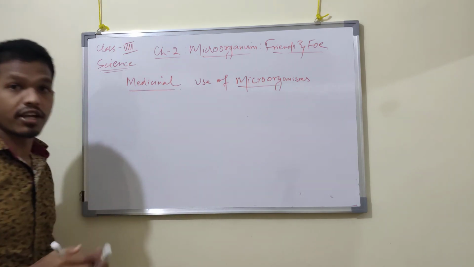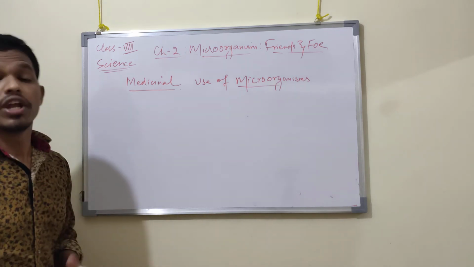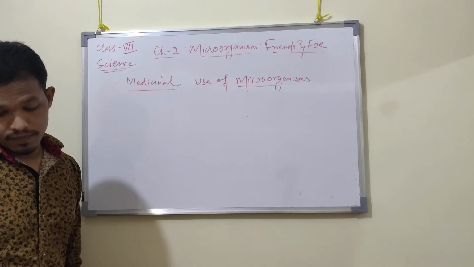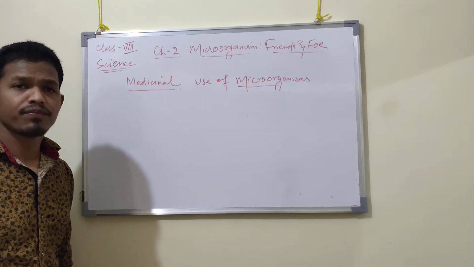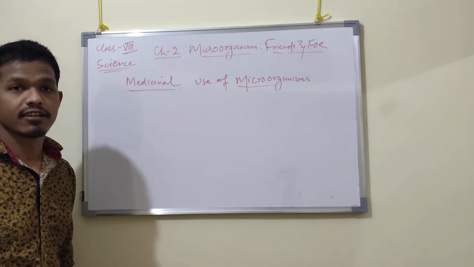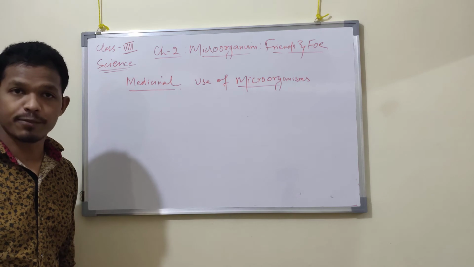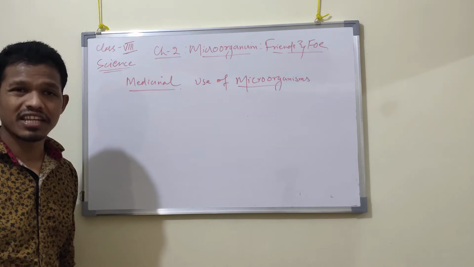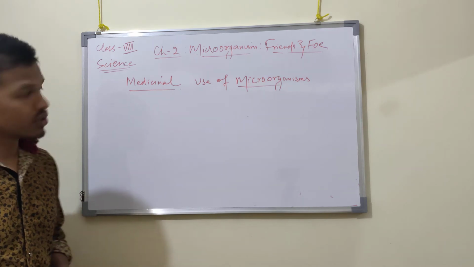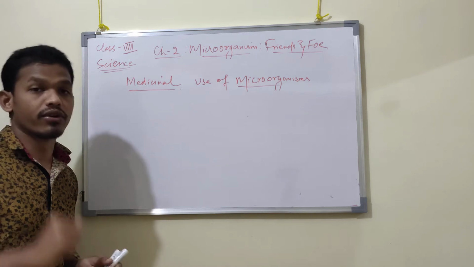Medicinal use of microorganisms. Whenever you fall ill, the doctor may give you some medicine, some antibiotic, in the form of a tablet, capsule, or injection. What are these antibiotics? The source of this medicine is microorganisms.